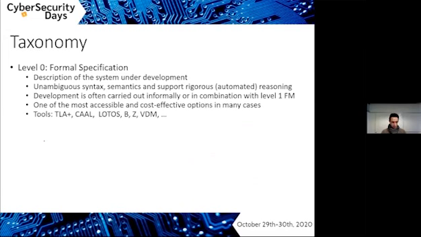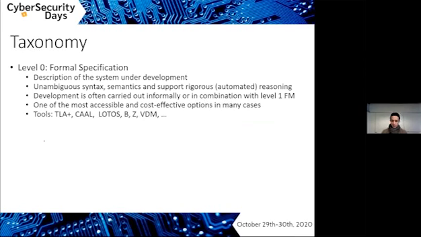So just to finalize things and to try to put some of the terms I was using in some boxes, there are different levels of formal methods that usually come with different levels of guarantees and cost in their adoption. At level 0, we have formal specification, which is to some extent the easiest to integrate in existing development models, and also one of the cheapest to integrate in your team.